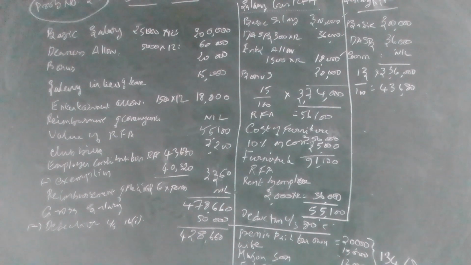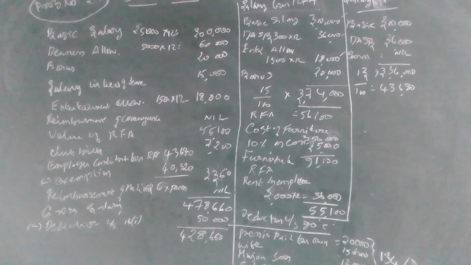And the cost of furniture is given, own furniture 10%. So in that way, we have to take furnished RFA. We should calculate minus the rent paid by the employee. This is not rent paid by the employer; this is only rent recovered from the employee. That is 3,000 rupees per month, which comes to 36,000.